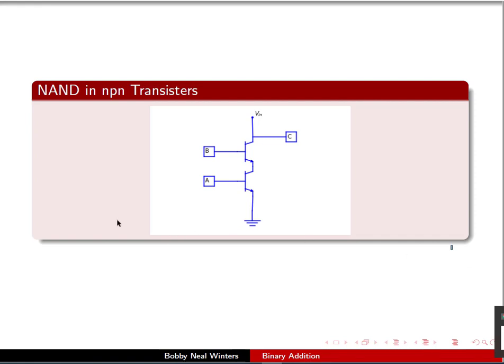So what we have here is a diagram of a NAND gate, but it is done out specifically in what are called NPN transistors. We have two of them, one right here and one right here, with inputs to each, A and B. These are mathematical transistors in the sense that I don't have the engineering specs up on them.